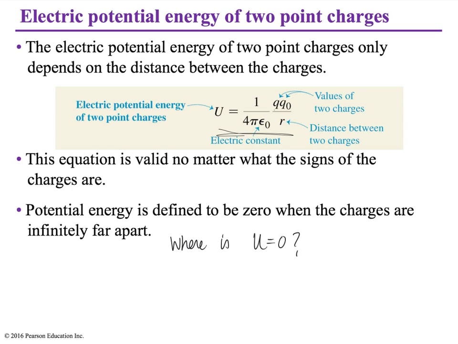Basically, the construct that we have is that U is equal to 0 when r is equal to infinity, which means if the two charges are infinitely far apart, their potential energy is equal to 0.